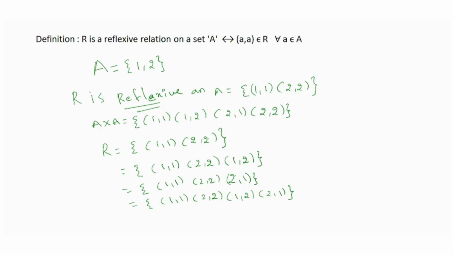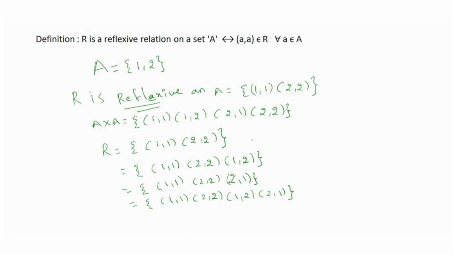Along with that, other elements may or may not be there. If none, this is the smallest reflexive relation. If it contains all possibilities, it is the maximum. It is the Cartesian product, and at the same time a reflexive relation on A. It is the largest. So there are 4 possibilities, and no other possibilities occur.